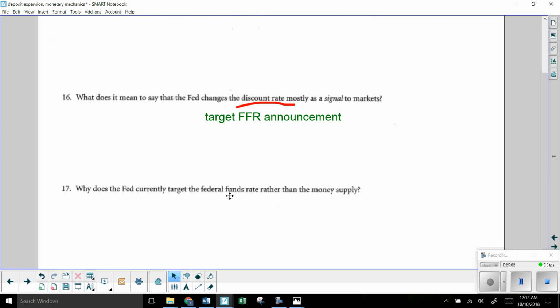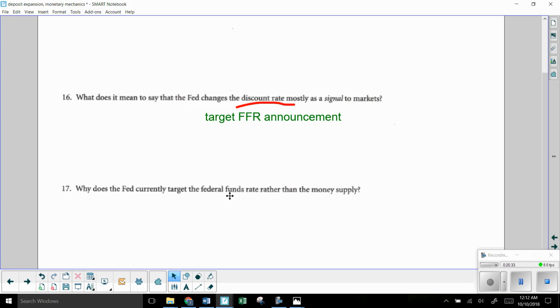Why do they target the federal funds rate rather than the money supply? To answer that, you really have to think about the money market graph, which I'm going to do in a separate video, but I'd like for you to consider that if money demand and money supply are constantly shifting around for reasons that are sometimes predictable but sometimes not, it makes it hard to track both of those and the slope of the money demand curve in order to figure out where the money supply line the Fed can control, where they should place that in order to have interest rates be at the right place.